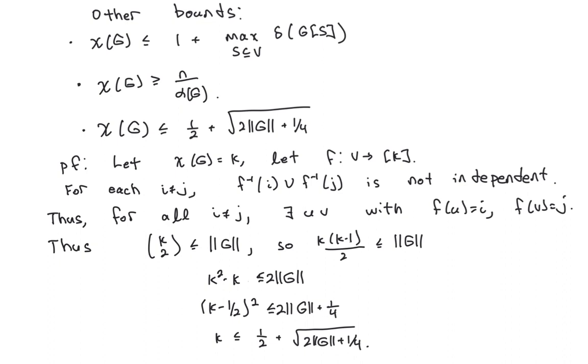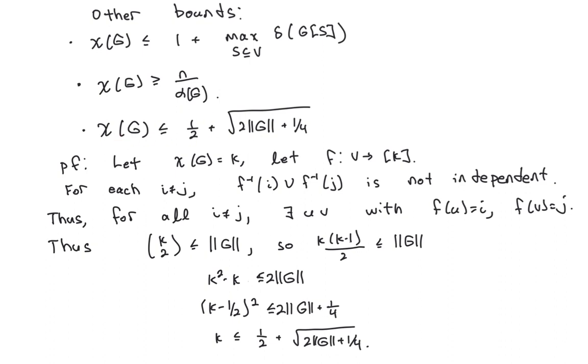This is the maximum over all induced subgraphs of the minimum degree. We also get another lower bound, that chi of G is at least the number of vertices of the graph divided by the largest independent set. Finally, the last bound says that chi of G is bounded from above by this expression: 1/2 plus the square root of twice the number of edges plus 1/4.